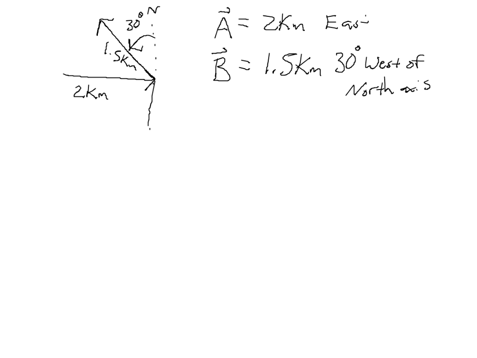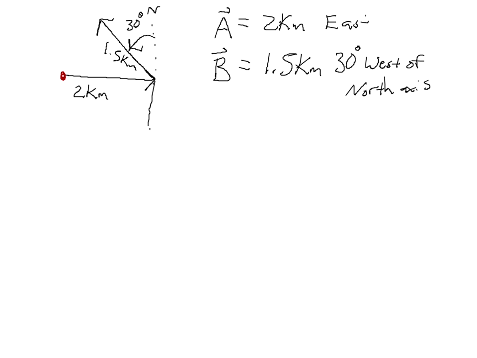Okay, now if I first go 2 kilometers east and then 1.5 kilometers 30 degrees west of the north axis, then what is my net displacement? Let's say I've gone on this hike, but then I want to tell my buddies who stayed behind in my original location how to find me, and I don't want them to have to totally retrace my steps.